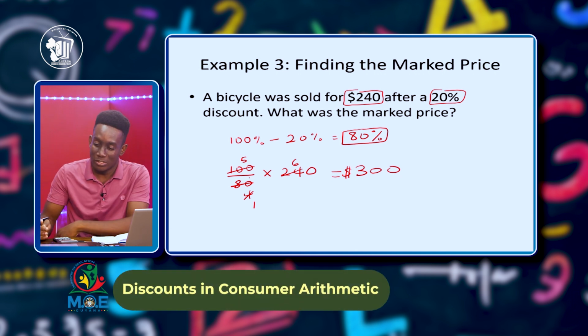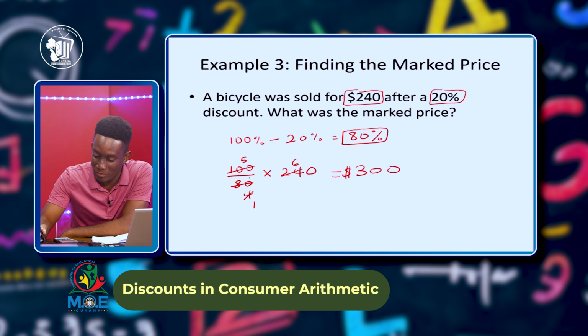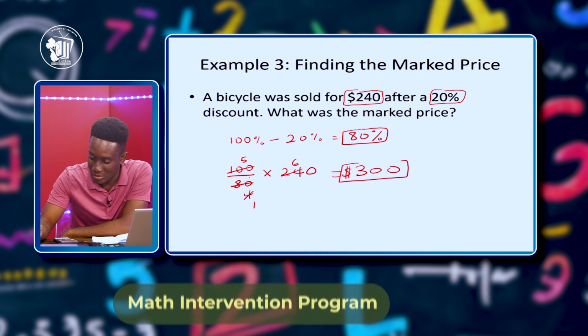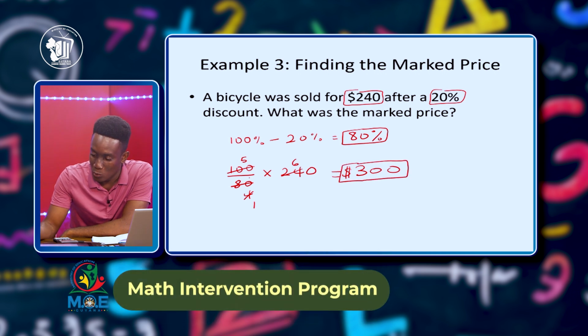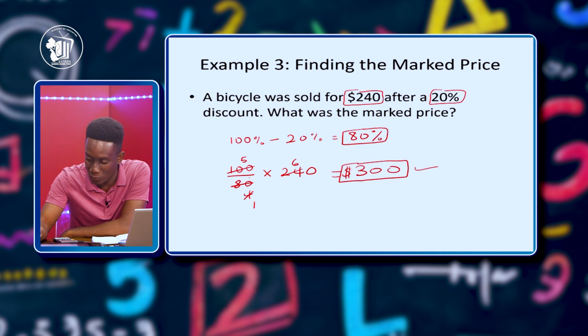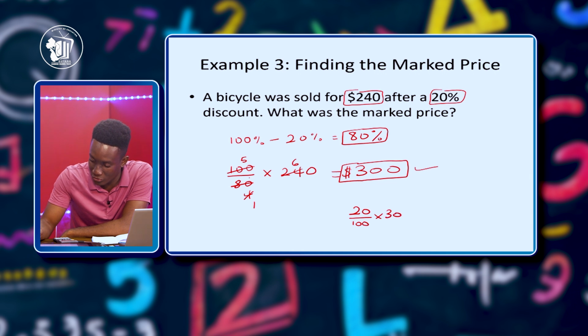So if you want to check to make sure our answer is correct, remember we said that this is the cost before the discount. What we can do is find 20% of this and see if we'll get the 240. So this will be 20 over 100 multiplied by 300. When we work this out, this 0 cancels with that 0.